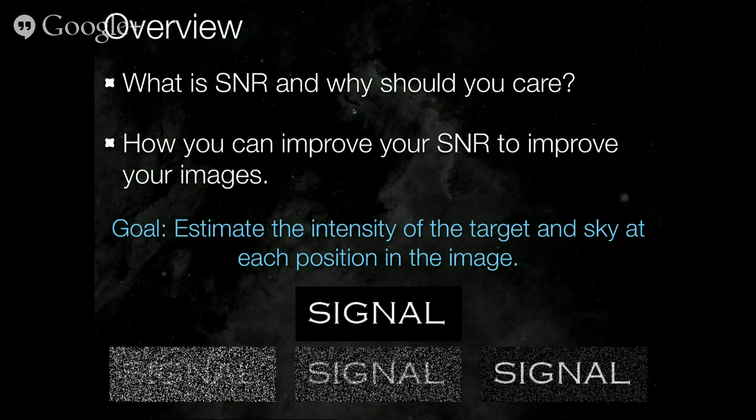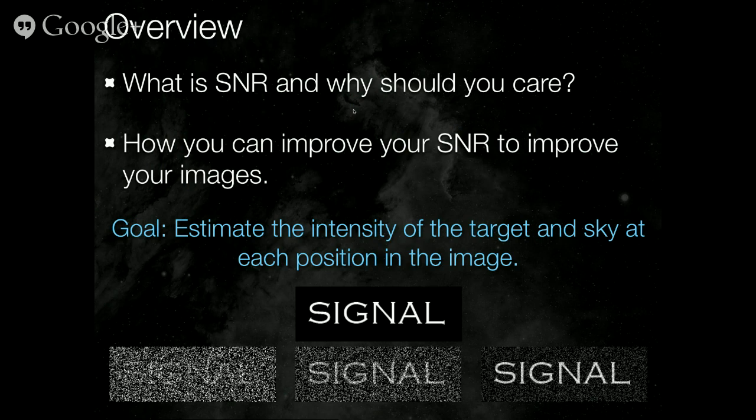Your goal in making this image is to figure out the intensity at every given pixel, so that as we move across the image from pixel to pixel, we're moving across our target, and your goal is to come up with the actual intensity at that spot.